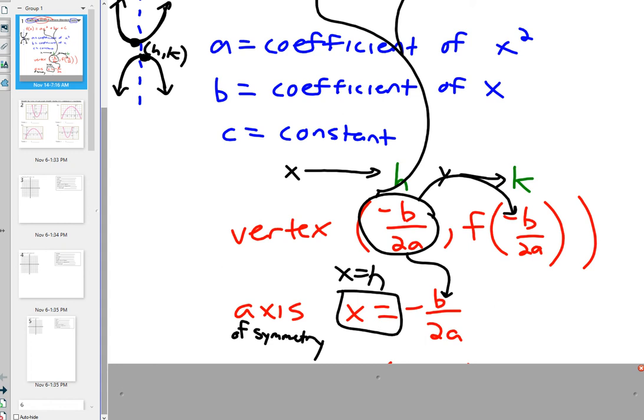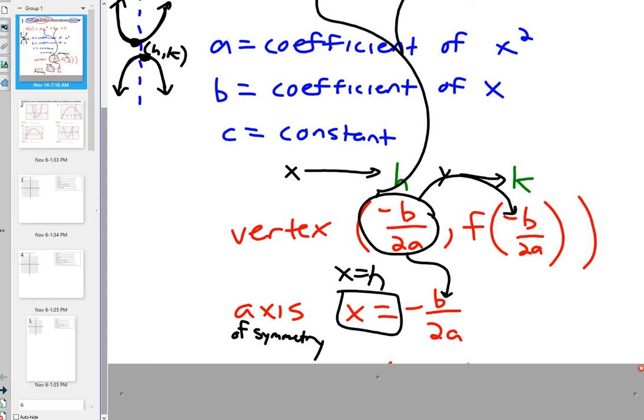Of the two forms that we're going to study, when it comes to graphing, you'll probably find vertex form to be the preferred method, just like you found slope-intercept to be the preferred method in linear, because you're just given the vertex. You always have to find the vertex, and there you're given it. But you can get something from standard form too.